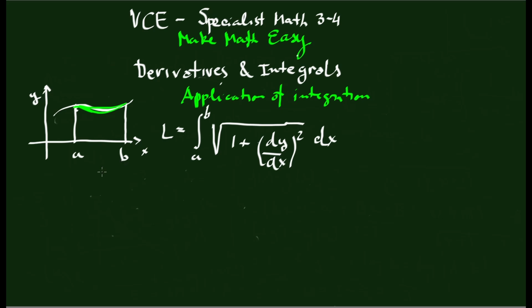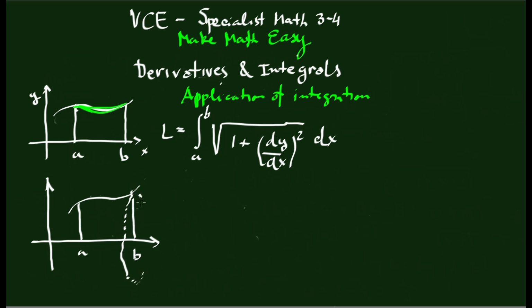Also, you can find a volume of a curve. So the same curve, and you want to find the volume between A and B when the curve is rotated around the x-axis. So you rotate it, it becomes like that, and it is mirrored here.